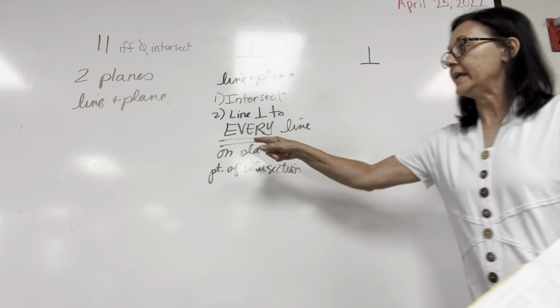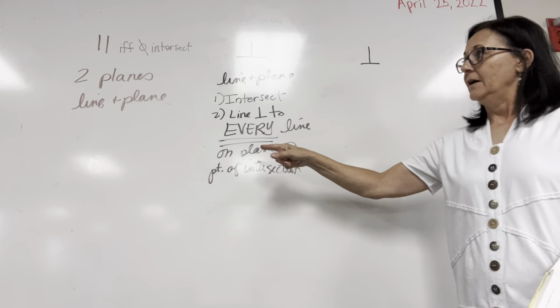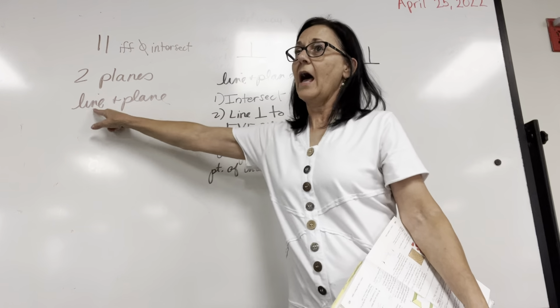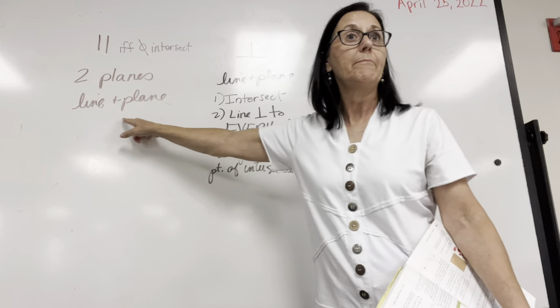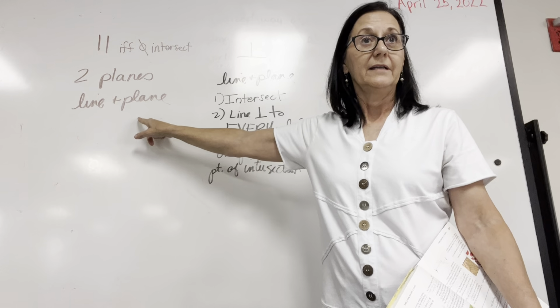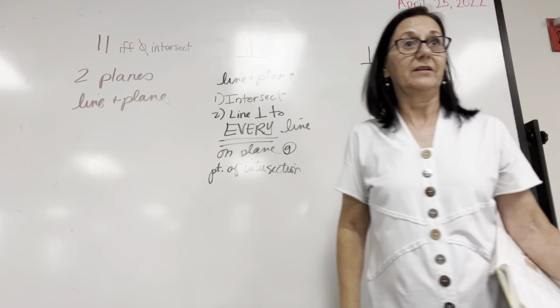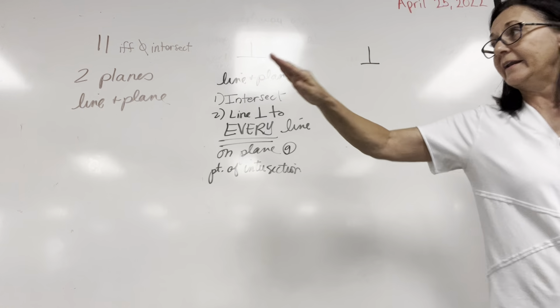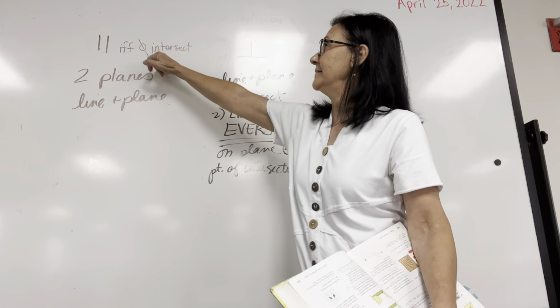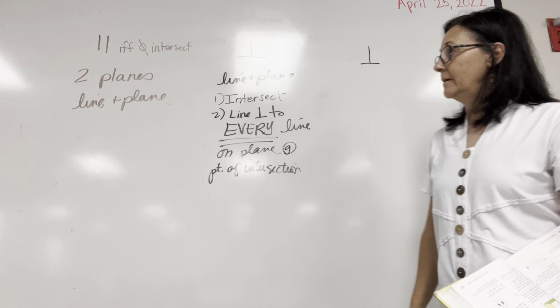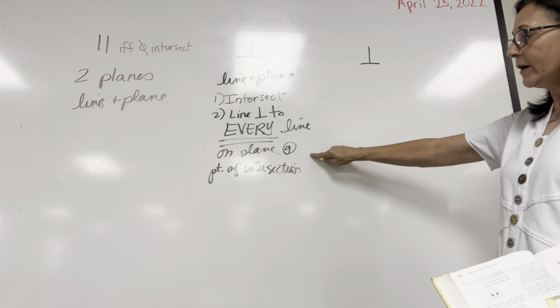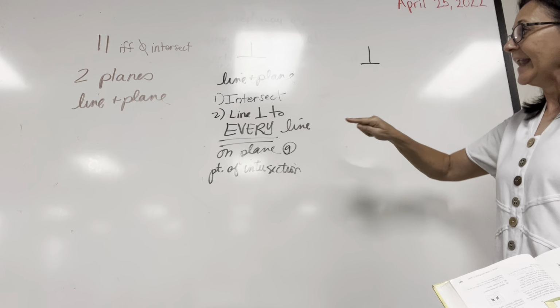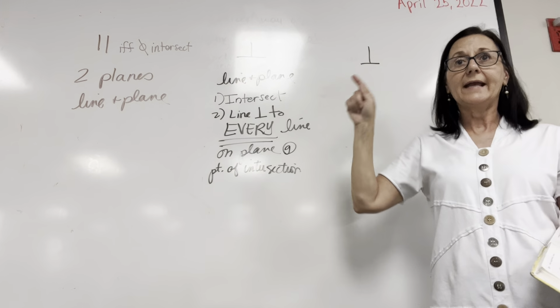All right, that's key. We didn't have to have a line and a plane parallel at every point, it just never had to intersect anywhere. Here, at every point of intersection, that has to form a right angle.